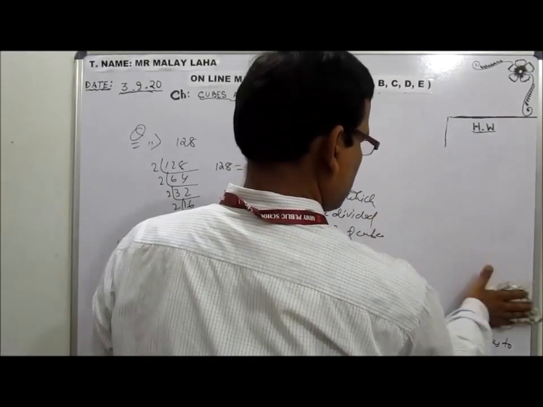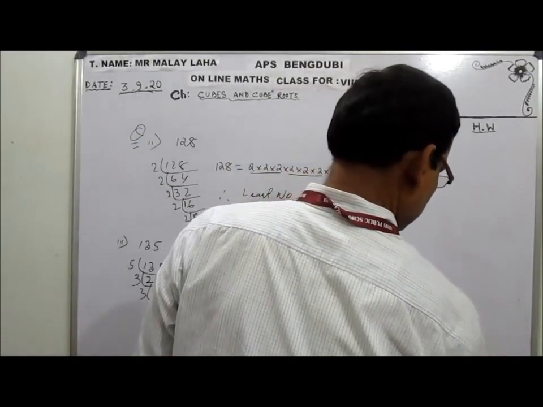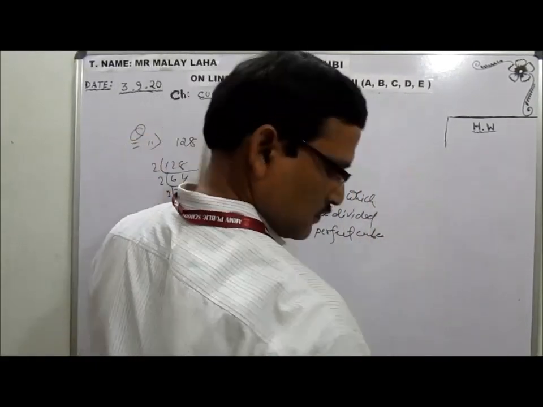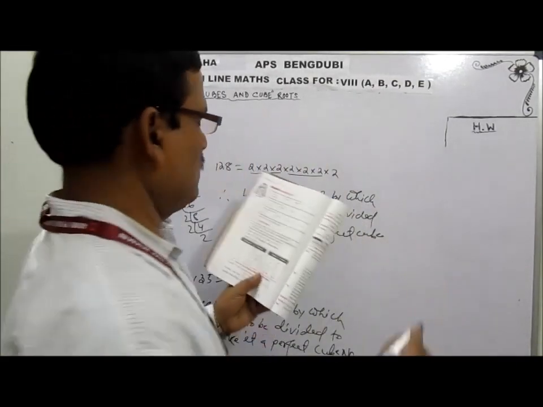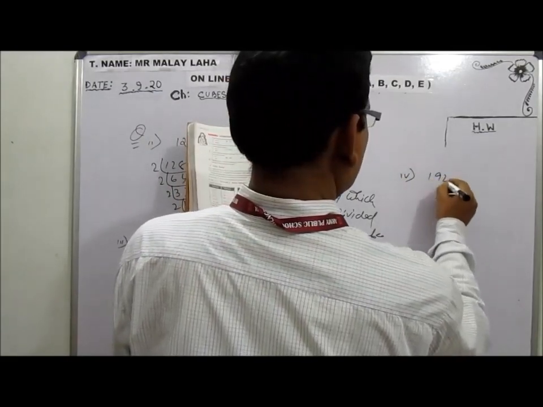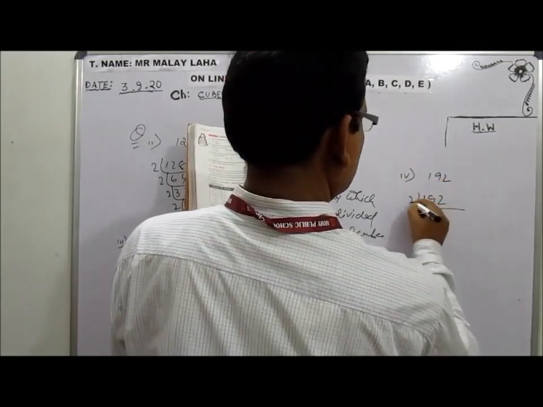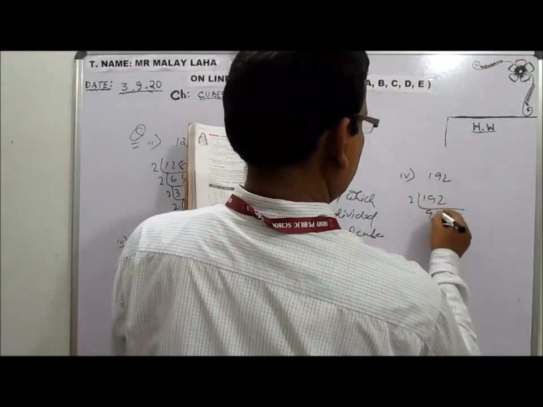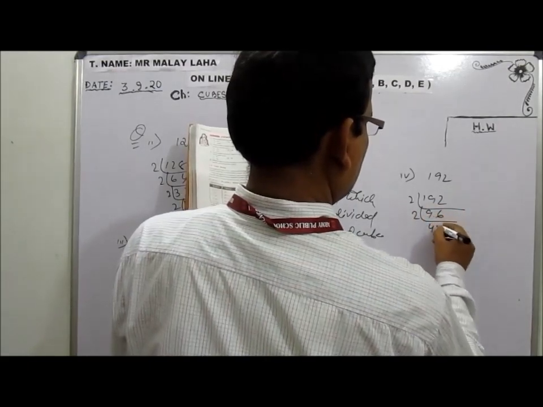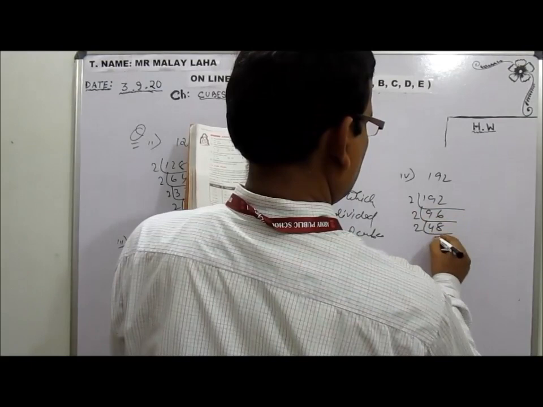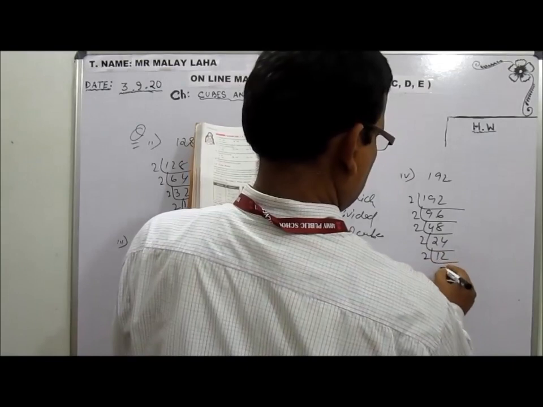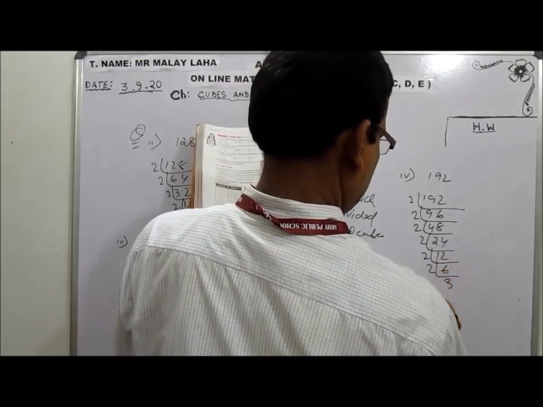Then one problem sum I will solve. Question number 4. 4 is what? 192. 192 factorizes to 2, 96, 2, 48, 2, 24, 2, 12, 2, 6, 2, 3.